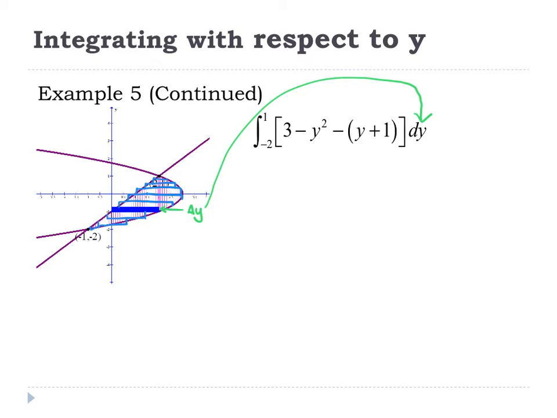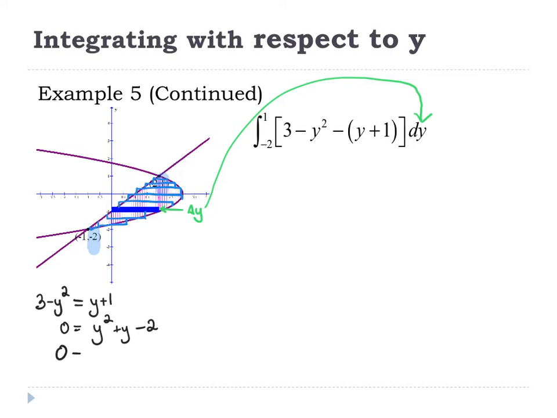That means instead of the x's, we need to be choosing the y coordinates of the points of intersection. And just to show how we could find those, we would just set the functions equal to each other. So 3 subtract y squared equals y plus 1. Move everything to one side, so I get y squared plus y subtract 2.